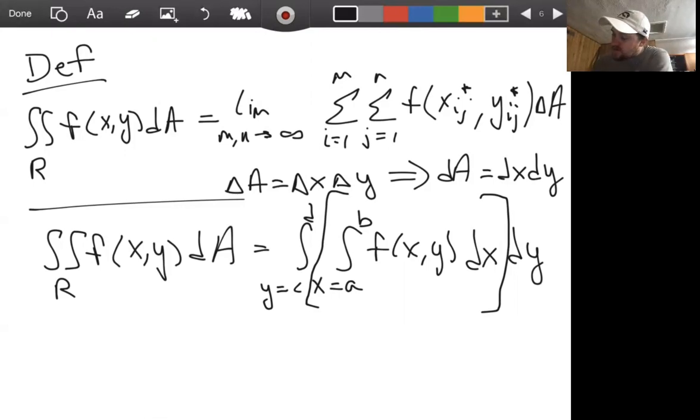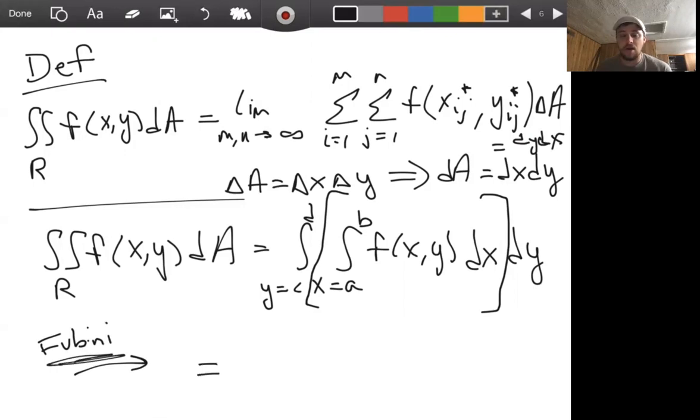And then notice that dx dy would be the same as dy dx. And so we have a theorem that's attributed to Fubini. Fubini's theorem says that it doesn't matter which order you integrate.